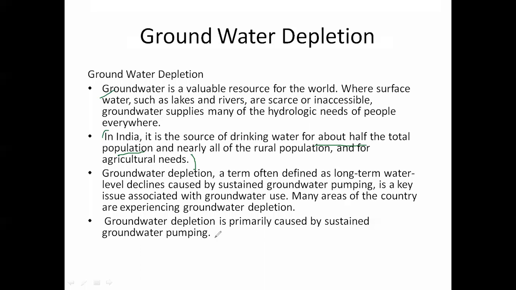I already told you we are pumping out a lot of water here. That is the main cause of this groundwater depletion. So we have to sustain the groundwater. It means we have to do something so that the decline will not go beyond the threshold limit. So we'll see that.